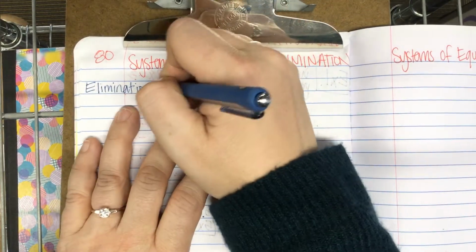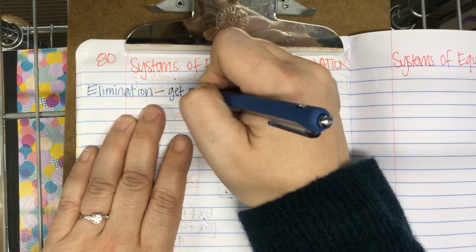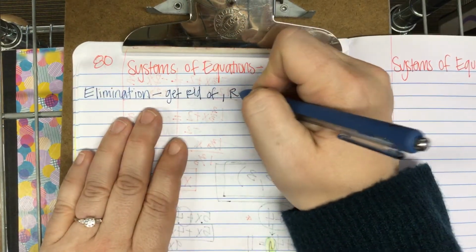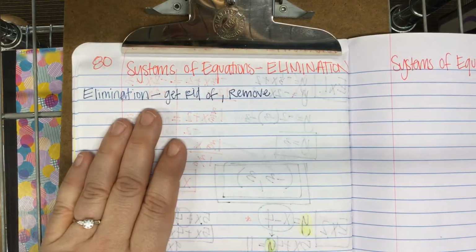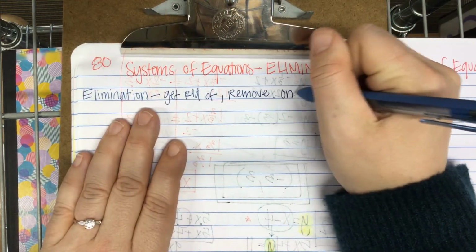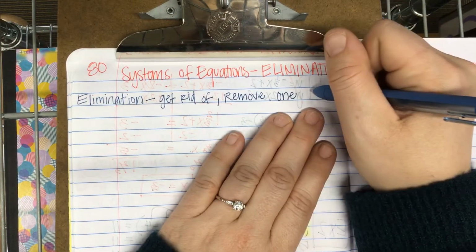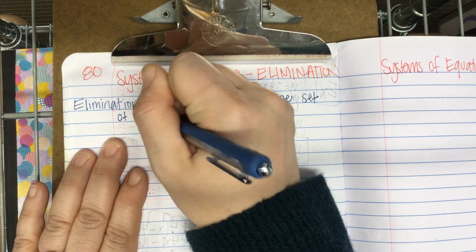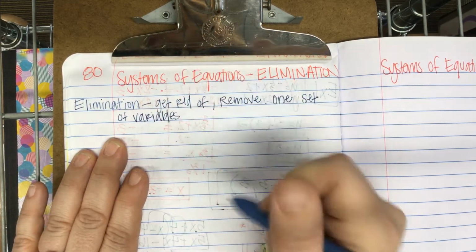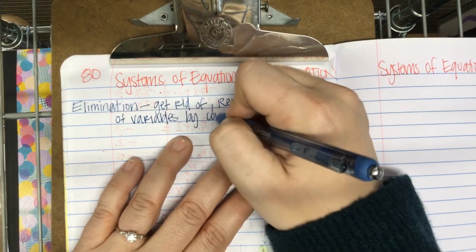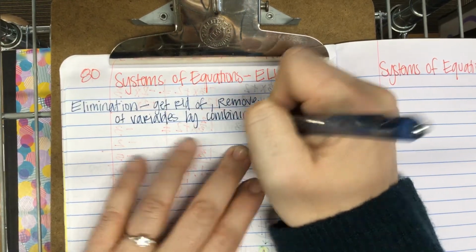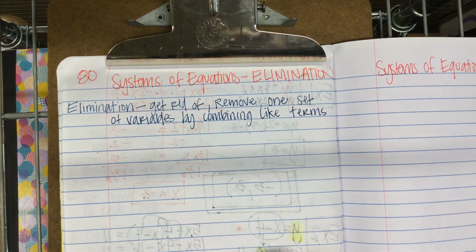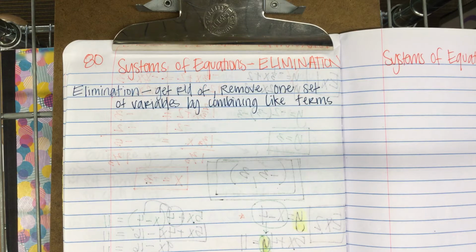Elimination means to get rid of, to remove one set of variables by combining like terms. So these equations have an x variable and a y variable.